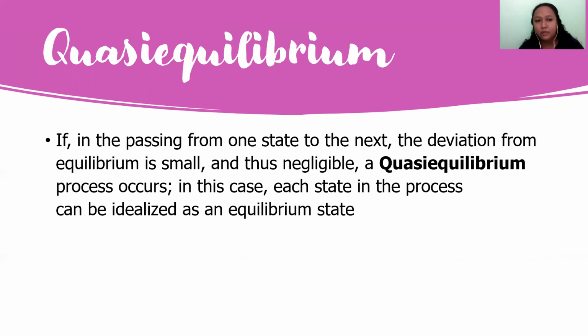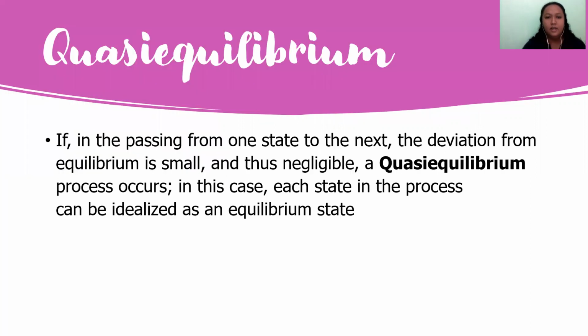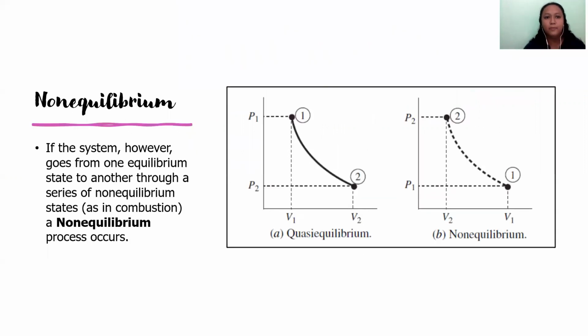A quasi-equilibrium process occurs. In this case, each state in the process can be idealized as an equilibrium state. Kung ang deviation, class, is so small, kadalasan negligible siya, tinatawag siyang quasi-equilibrium. Ulitin natin: sa metastable, disturbance to, class. Dito, deviation natin sa equilibrium, small, negligible siya, quasi-equilibrium.